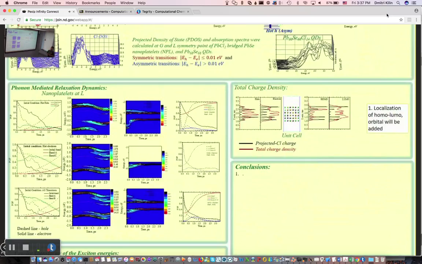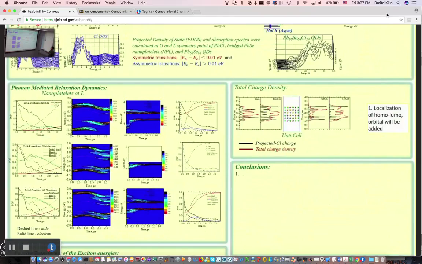And that also gives us information about what is localized. Is it localized on the chlorine? This also gives us information on where the electrons are, and they have a significant contribution coming from the surface atoms. Surface means the chlorine atoms. But in the case of the hole, the contribution of chlorine is smaller than for electrons.